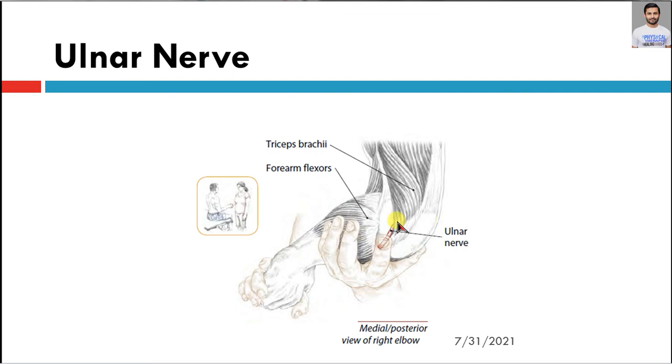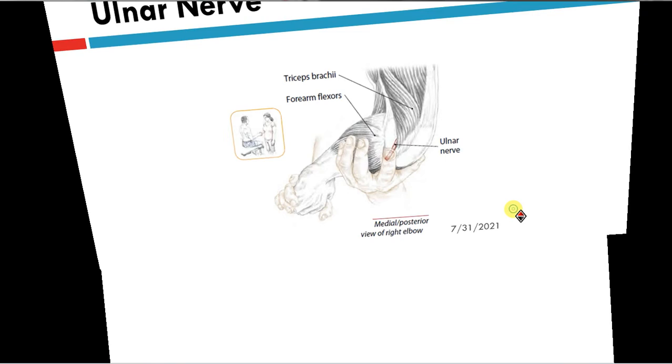It is quite difficult to palpate the nerve because it is not a very major nerve, just like the sciatic nerve. Sciatic nerve is a very major nerve, so if it becomes superficial at some part, it becomes very readily palpable. But this is not the case with the ulnar nerve because the ulnar nerve is very small as compared to the sciatic nerve, so it becomes very hard to palpate the ulnar nerve unless it is inflamed.